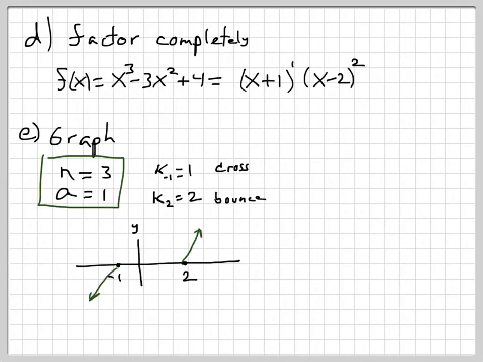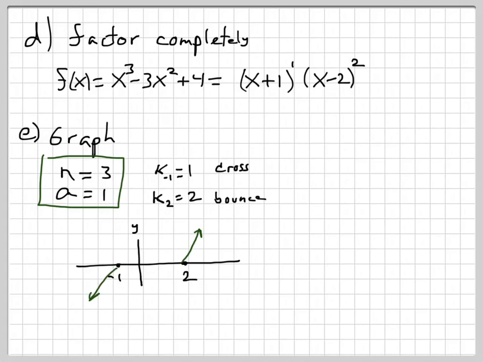So I go ahead and I plot the two x-intercepts, -1 and 2. And then I use the n equals 3 and a equals 1 to give me the tail ends. So n equals 3 tells me that the tails are going to go in opposite directions. N is equal to an odd number. That always happens.